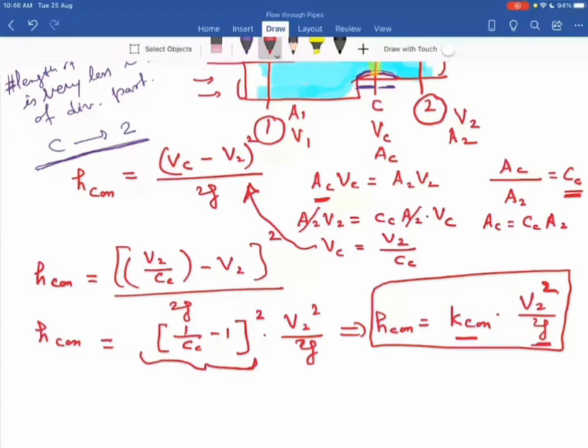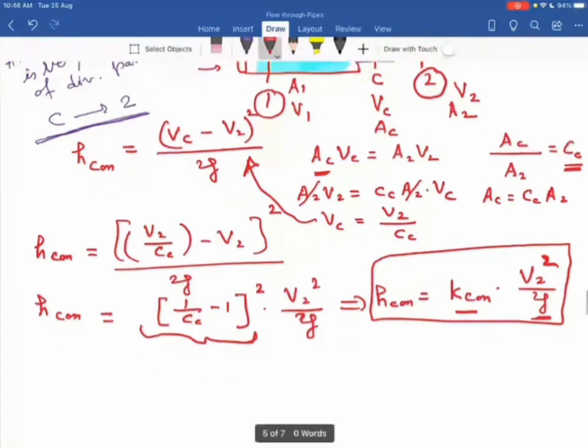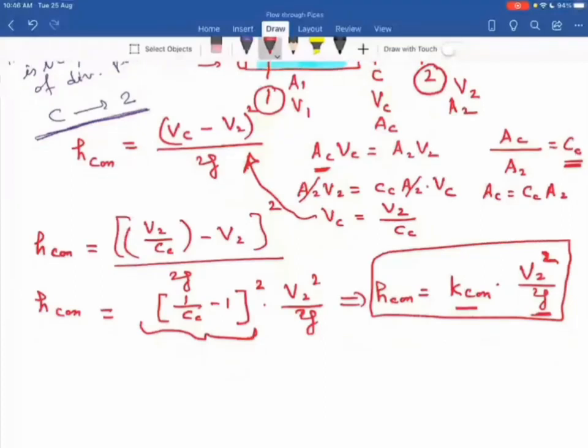So on the same lines, I can write the minor loss due to bend and due to other fittings. On the same lines, those minor losses should also be equal to a constant multiplied by the incoming velocity square divided by 2g.